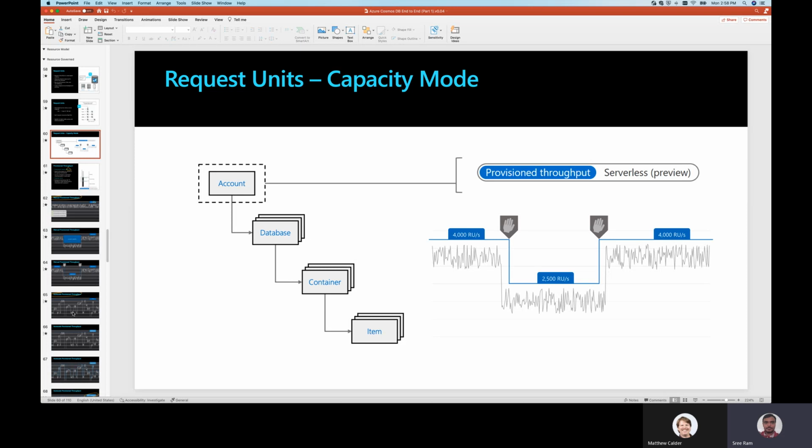For example, you can define a provisioned throughput at a database level or a container level. If you define it at a container level, then only that container will have that much throughput. But if you define it at the database level, multiple containers could share the same throughput. As you see here, this is my application, let's say, that uses 4000 RUs per second, then drops all the way to 2500 RUs per second, and again goes back up all the way to 4000 RUs per second.